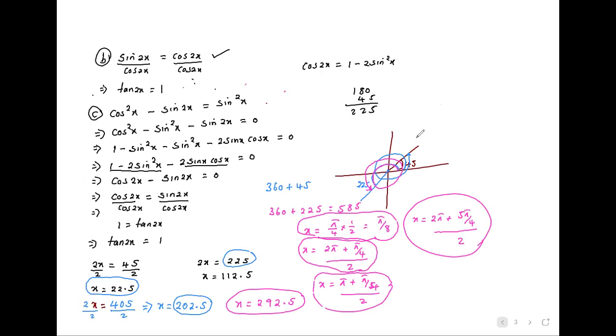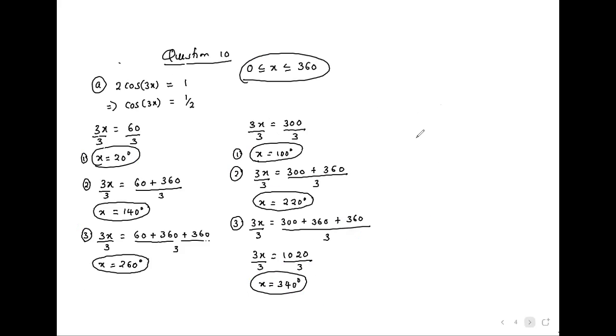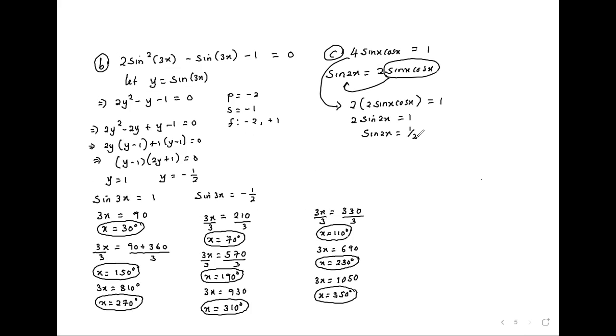So we were doing tan, and then cos 3x, and then sine 3x. So now for sine 2x, the angle here is 30 for sine, and then you're using 2x, not 3x. So you check because sine is positive. You're getting 30 from the first quadrant, and you're getting 150 from the second quadrant.